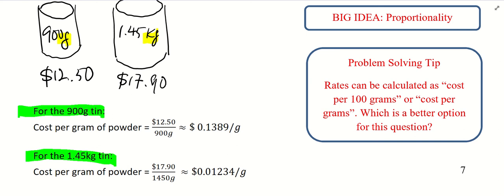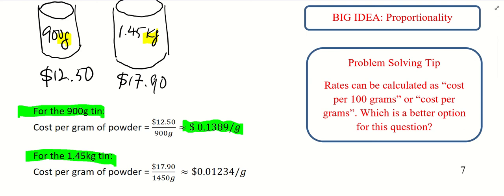So for the 900-gram tin, the cost per gram of powder, I simply take 1250 cents, the cost, divided by 900 grams. That will give me about 13.89 cents per gram. This is the cost for every 1 gram of powder if I buy the smaller tin.